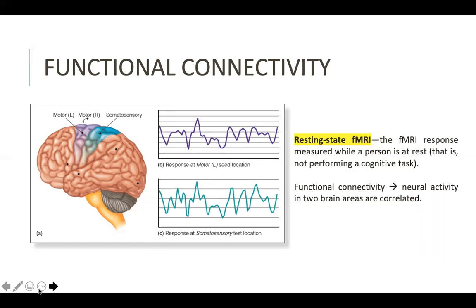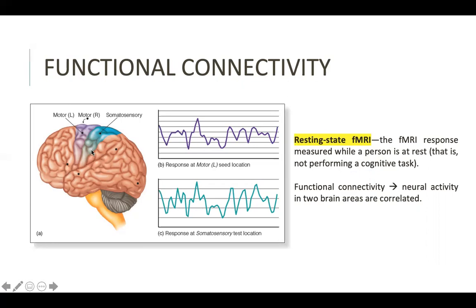As you can see in this figure, the left hemisphere of the brain shows the seed location of motor L, in the left motor cortex, and a number of task locations, each indicated by a black dot.